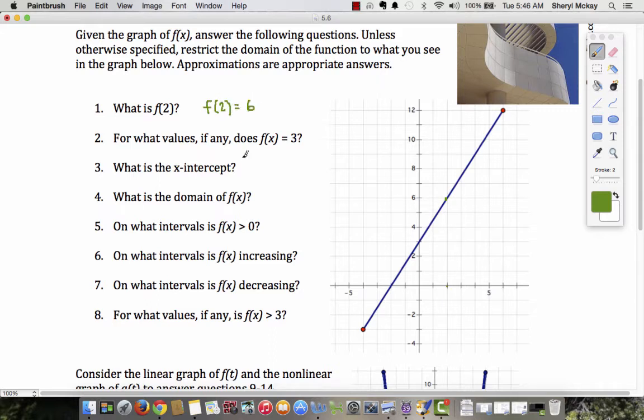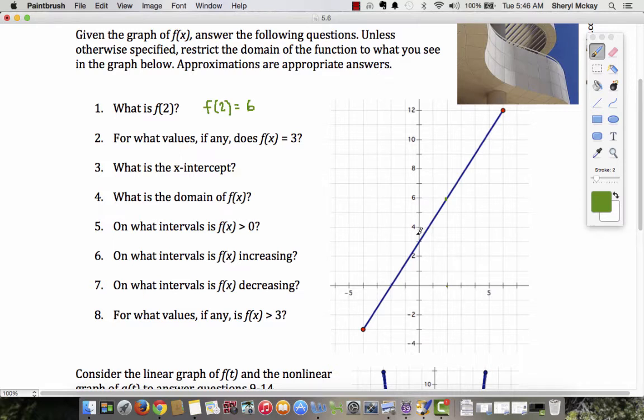So f of 2 equals 6. And then it says, for what values, if any, does f of x equal 3? So that means, what could x be, or what is x when the output is 3? So now I'm going to look for the 3 on this graph. I'm looking for 3, meaning when the y value is 3, when the output is 3.